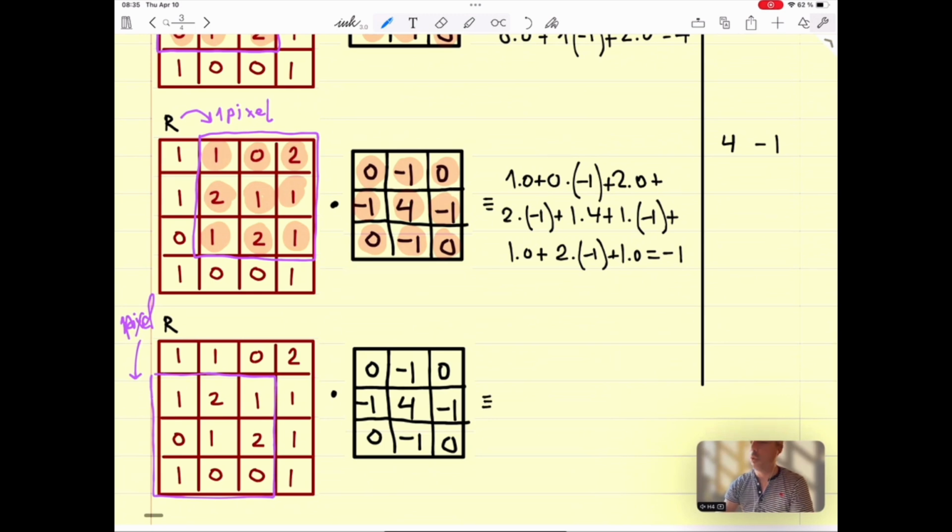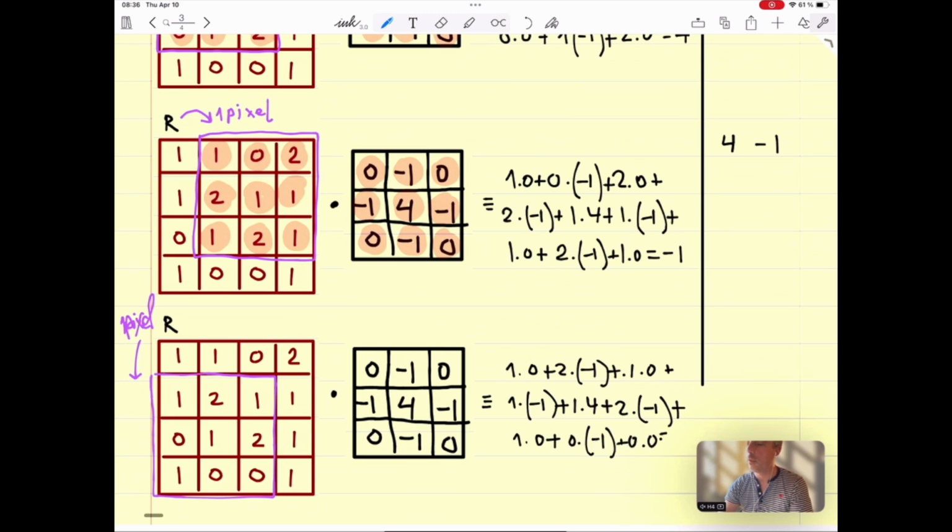So if we do this real quick again, 1 times 0 plus 2 times minus 1 plus 1 times 0 plus 1 times minus 1 plus 1 times 4 plus 2 times minus 1 plus 1 times 0 plus 0 times minus 1 plus 0 times 0.